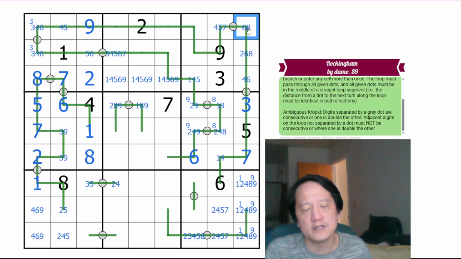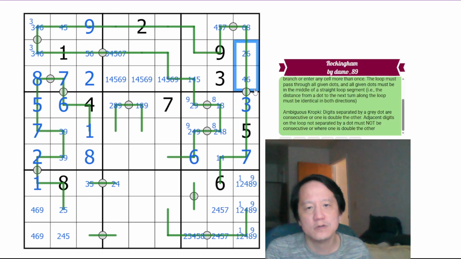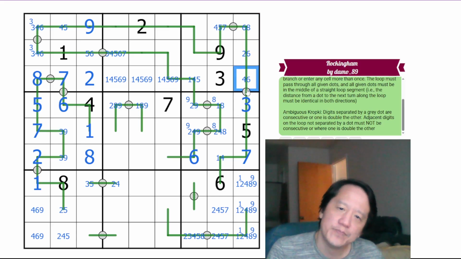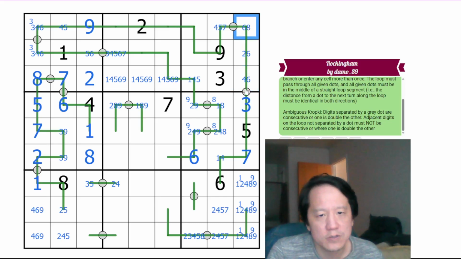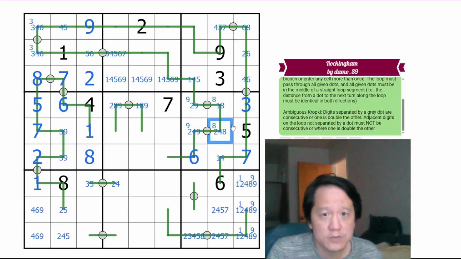If this is 8, that's 6, which makes that 4, and 8 and 4 are in a 1 to 2 ratio with each other. 6, 2, and 8 does work. 6, 4, and 8 also works.